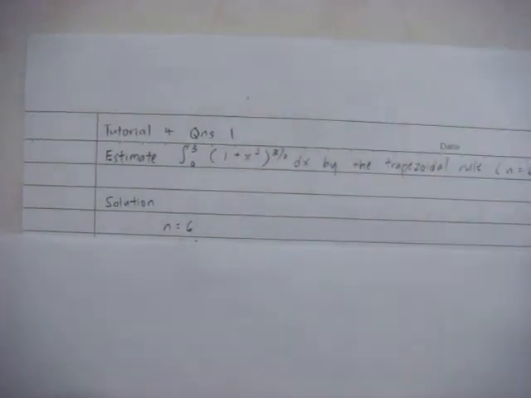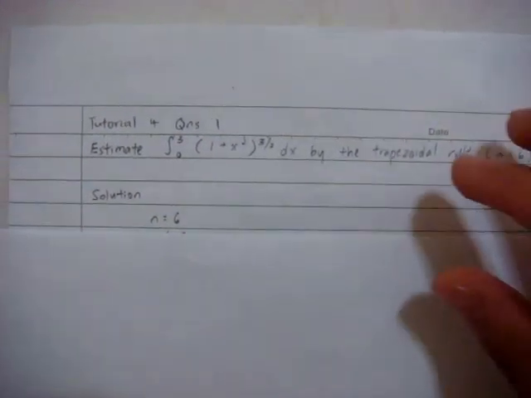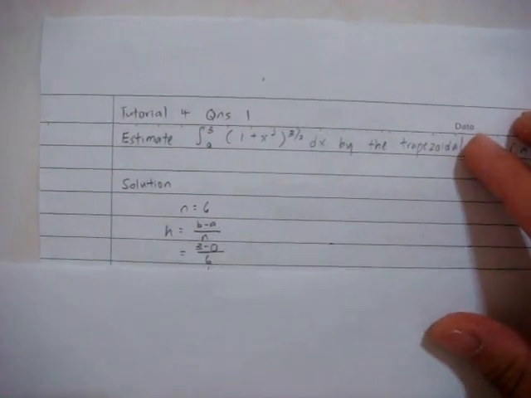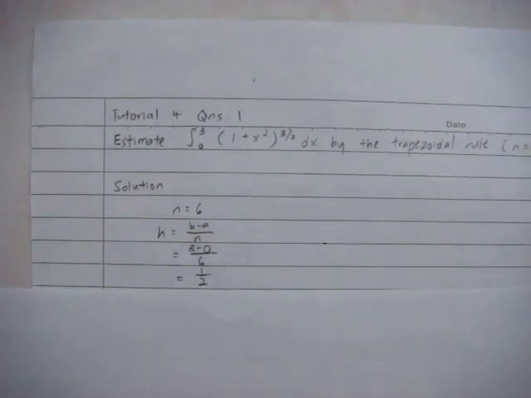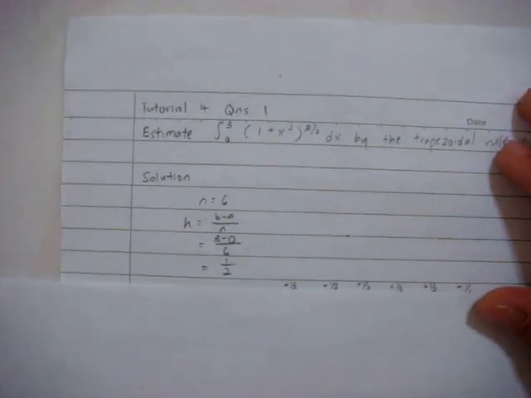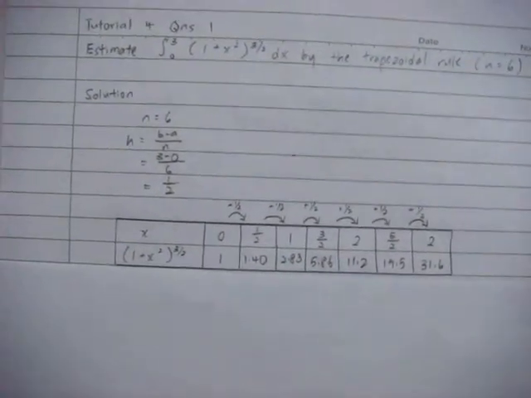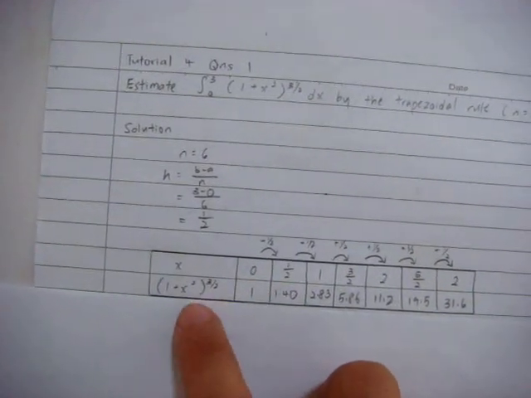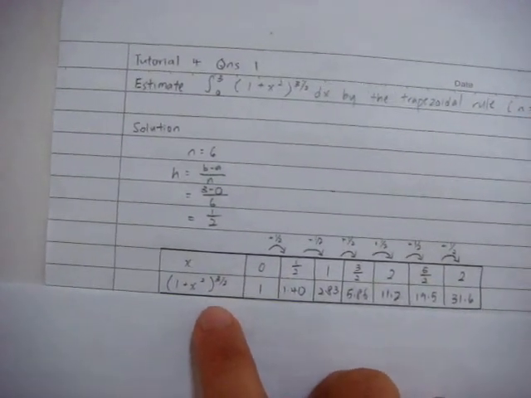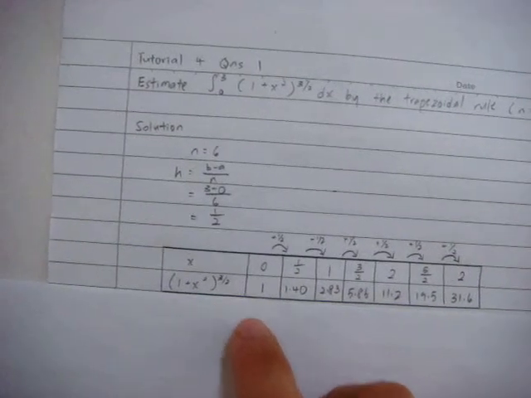For the first step, given n equals 6. For the second step, we find the width, which is h, and we get half. Next, construct a table with x increasing by half. To find the value over here, substitute x equals 0 into (1 plus x squared) to the power of 3 over 2.